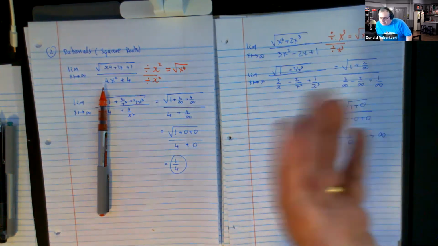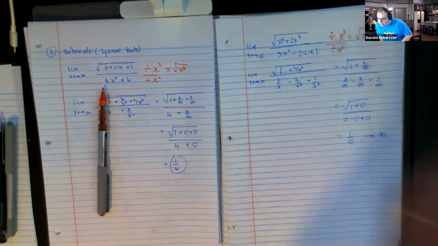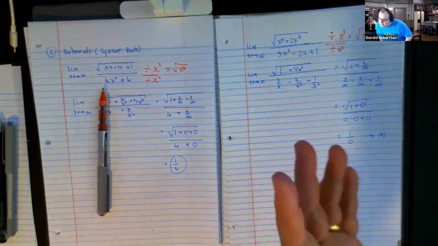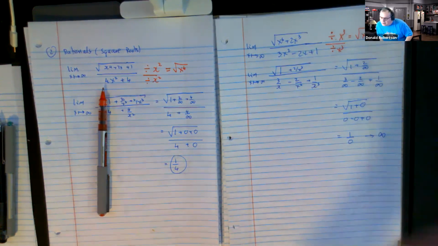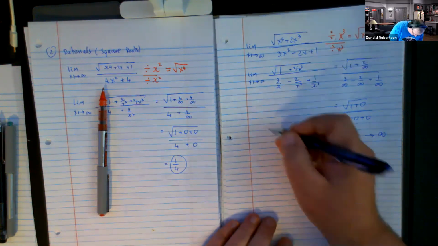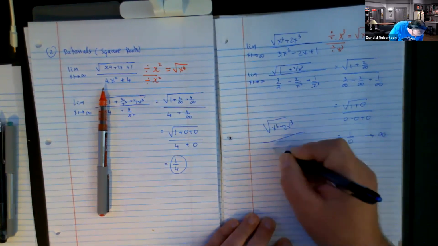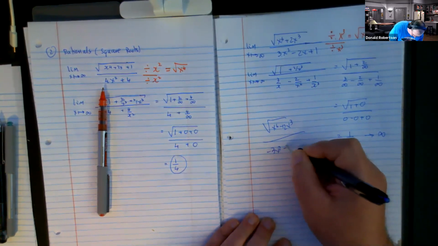If the top's going to be a positive answer, but the bottom's going to be a negative answer, can you imagine that would generate negative infinity then? I'm making this up, but I know what the answer would be. Can you pretend that it was negative 3x squared? I mean, that's the only difference.